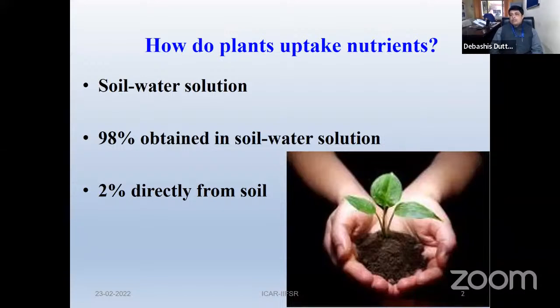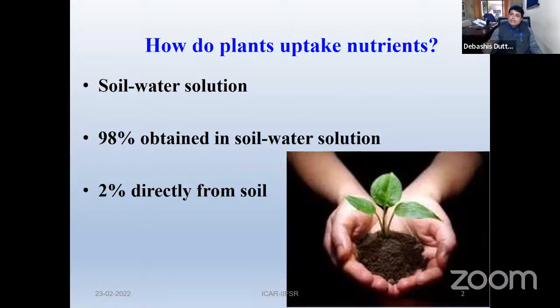When we apply different types of organic manure, they are not soluble in the soil water solution. So there is water, and anyhow we make our nutrients available for uptake by the plants in the soil solution.